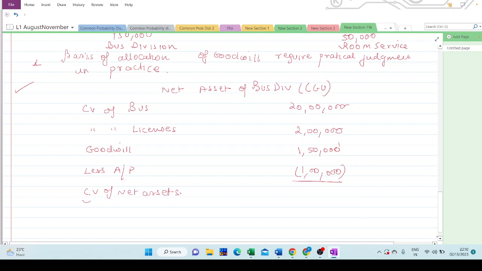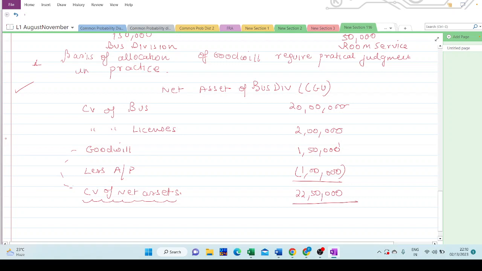Please understand, carrying value of net assets, not net identifiable assets. Why? Because we are including goodwill here. So that is why I'm saying carrying value of net assets. Because we are considering goodwill as an asset here. So this is 22,50,000.